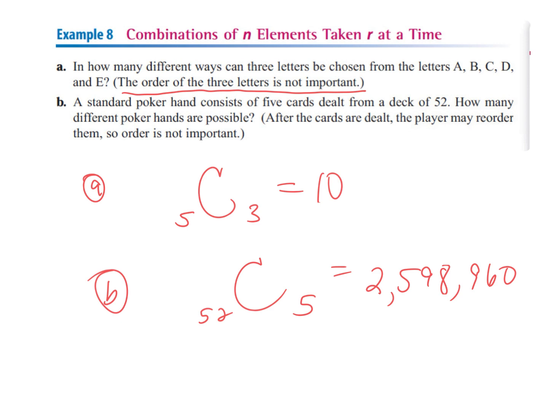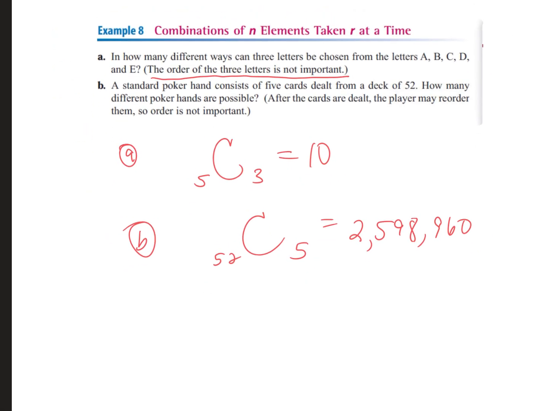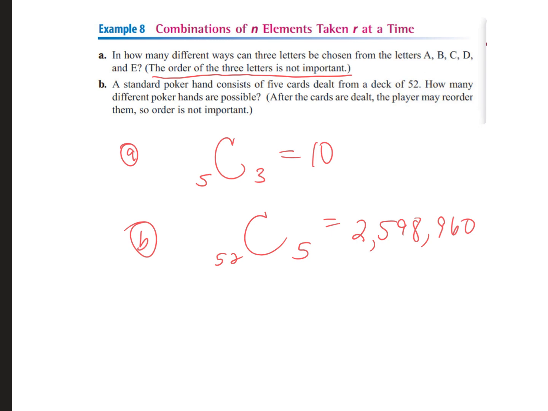That's all you're doing right now, you're just listing out the possible outcomes. It might take you a minute or so to write down 2,598,960 different poker hands, or understand, oh, this is a combination problem, and I can just put out my calculator. So that is what the whole gist of 8.5 is.